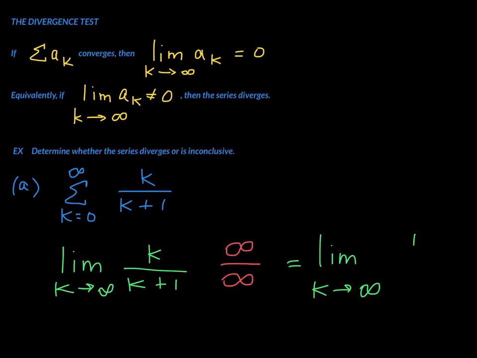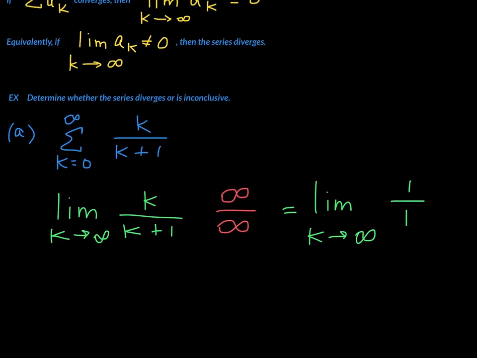The limit becomes the limit of 1 over 1. The derivative of k is 1. The derivative of 1 is 0. So this is really 1 over 1. So then this limit is equal to 1, which is not 0, obviously. So because the limit is not equal to 0, we know the series diverges. That's the conclusion.